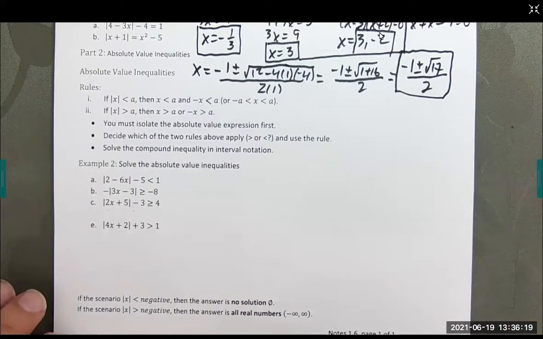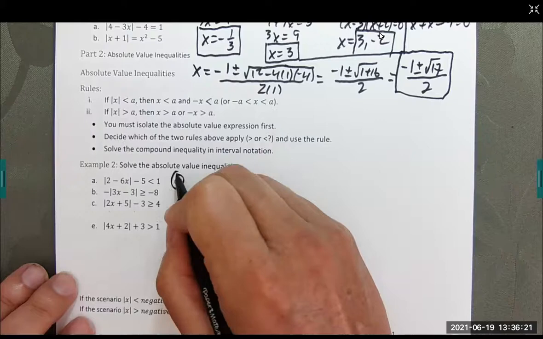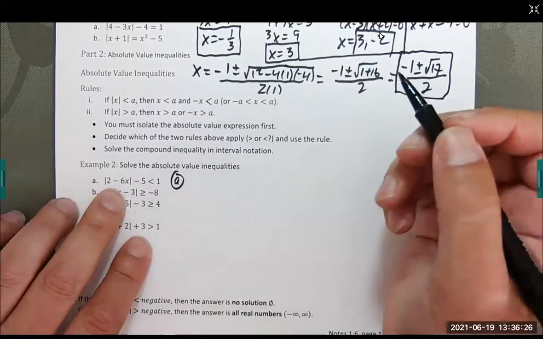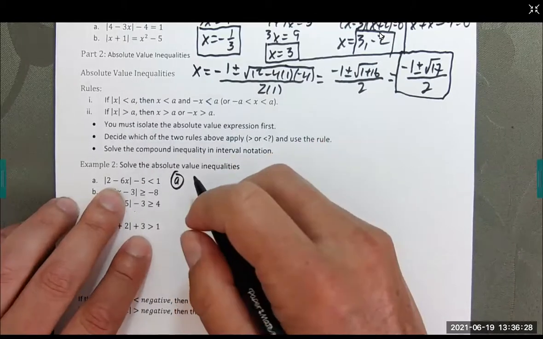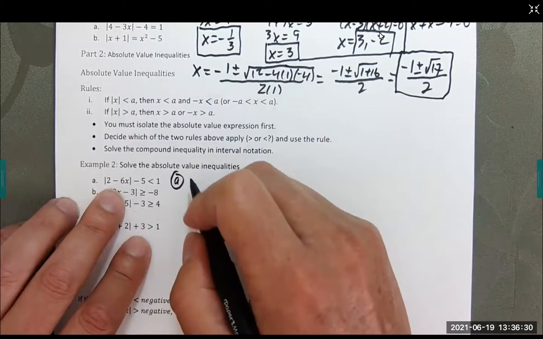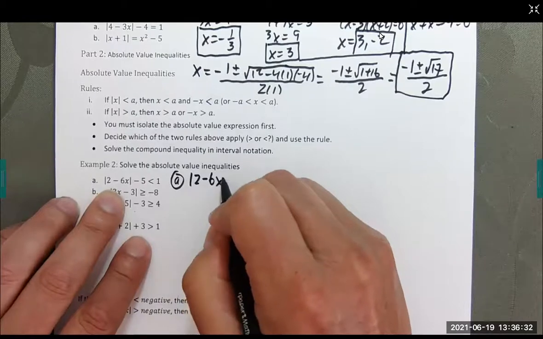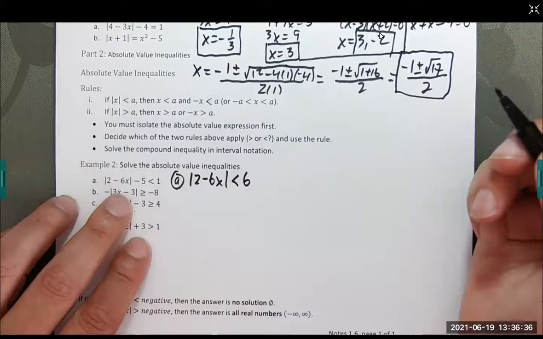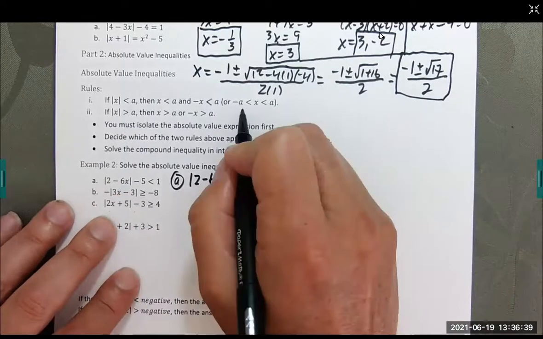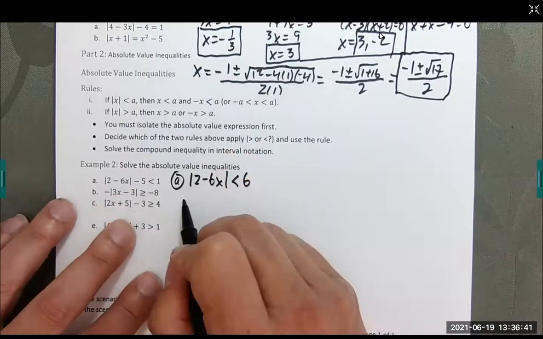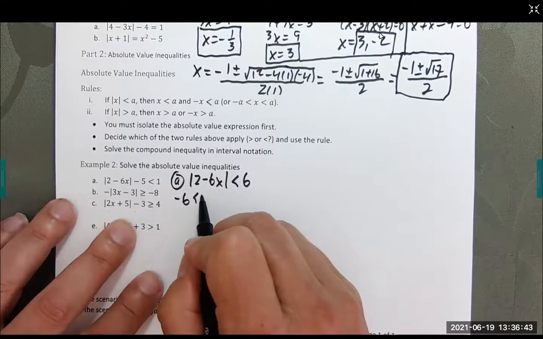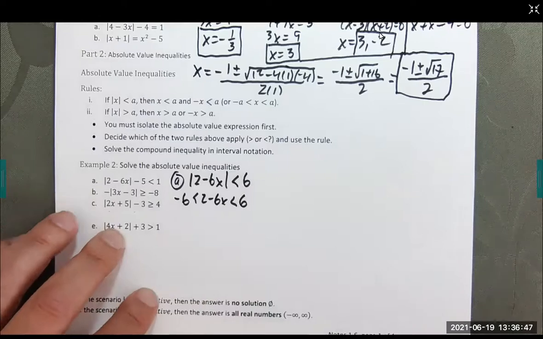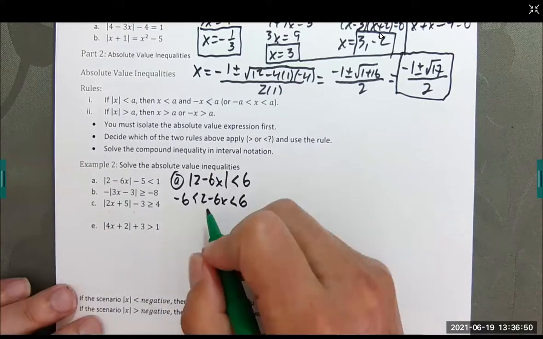All right, let's do part A. Again, we want to get the absolute value by itself, right there. And so I'm going to add that 5 to the other side. 2 minus 6x is less than 6. And so I'm going to use this trick here, because it's less than. So -6 is less than 2 minus 6x is less than 6. Subtract a 2.